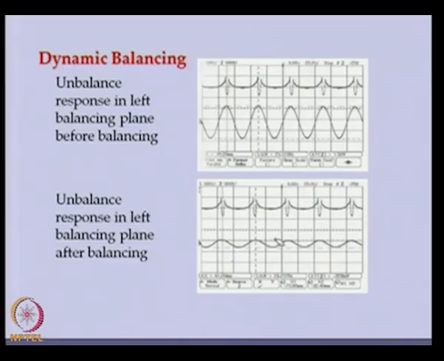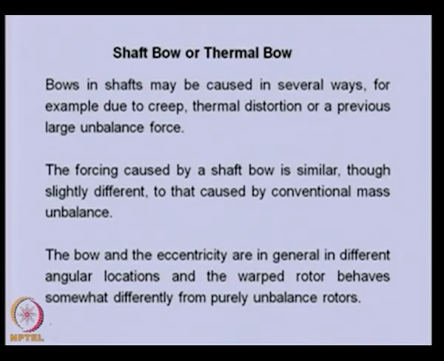Next category of fault is the shaft bow or thermal bow, as we have seen in the previous discussion. These bows in shafts may be caused in several ways, for example, due to creep, thermal distortion, or a previously large unbalanced force.